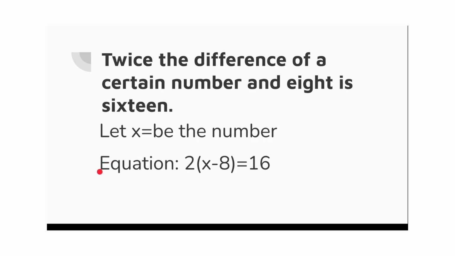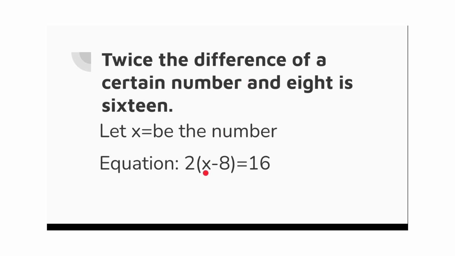The next step is to find the equation that will involve this variable. So it says twice the difference of a certain number and 8. So if we're going to translate that into an equation, that becomes twice, as you can see here, this is now the certain number, and the operation that we're using is difference.